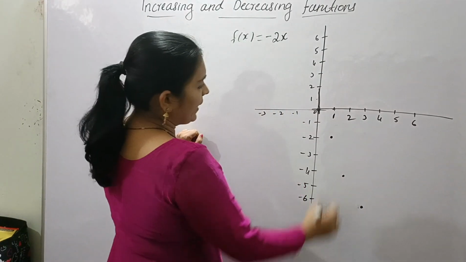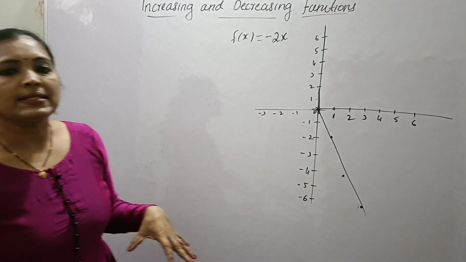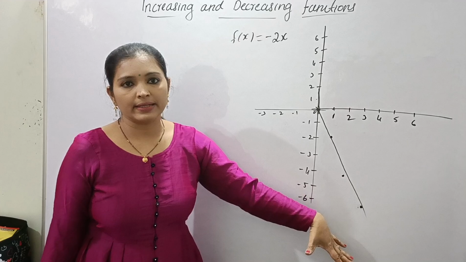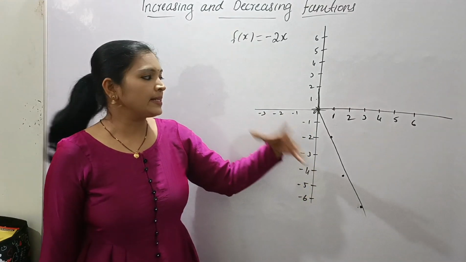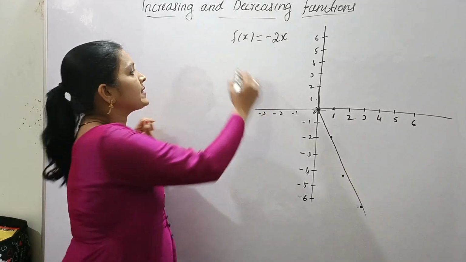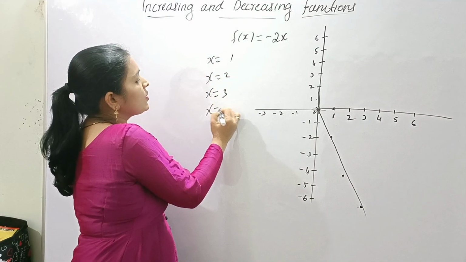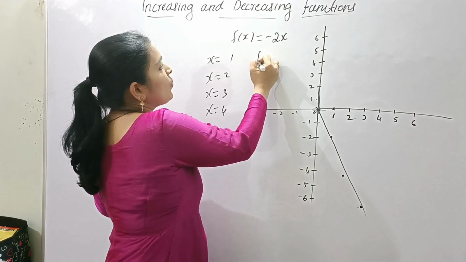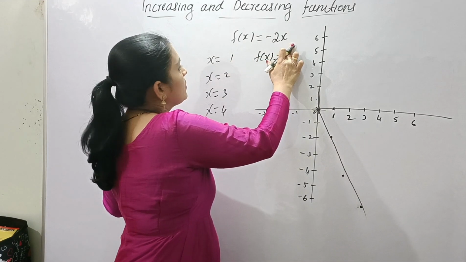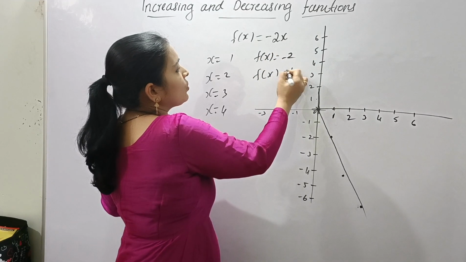Okay. Now let's join it. See, the graph is like this. That means here the function is decreasing, right? It is going down, right? That is, as x increases, see, when x is equal to 1, f of x is equal to minus 2. When x is equal to 2, f of x is equal to minus 4, right?